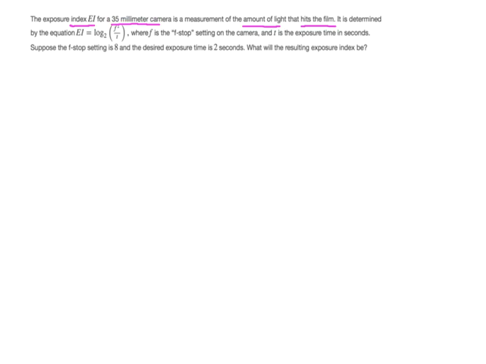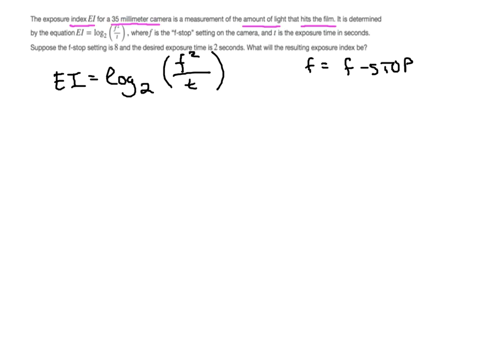It is determined by the equation EI equals log base 2 of F squared over T, where F is equal to the f-stop and T is the exposure time in seconds.